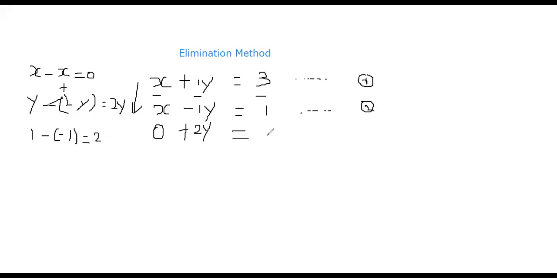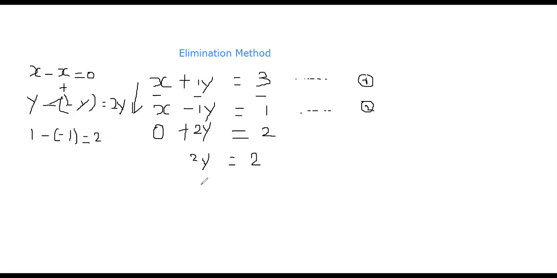And 3 minus 1 will give us 2. So now what we're left with, this section cancels because it's 0. 0 has no effect. So we're left with 2y equals 2. Now, in order to find y, what do we have to do? We transpose, good.